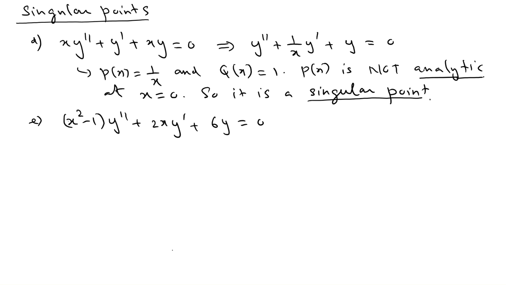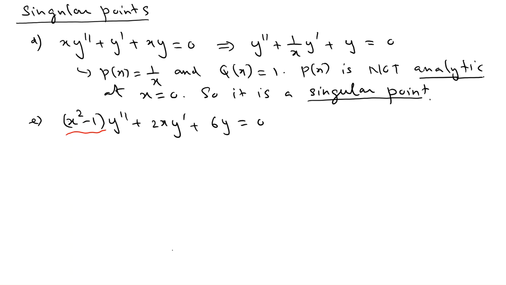When you divide by the coefficient of the y double prime term, this term goes to the bottom of the rational function. That means we only need to worry about at what point this makes 0, because those points are the singular points.